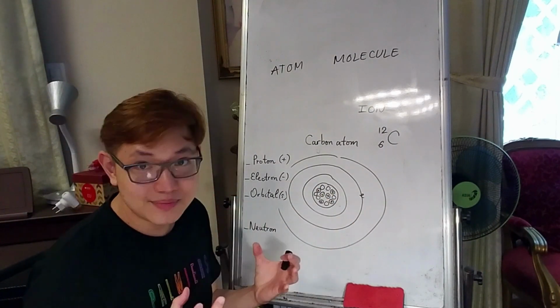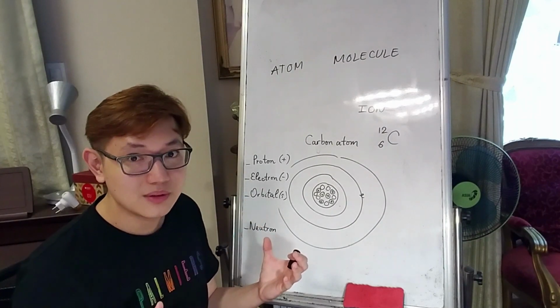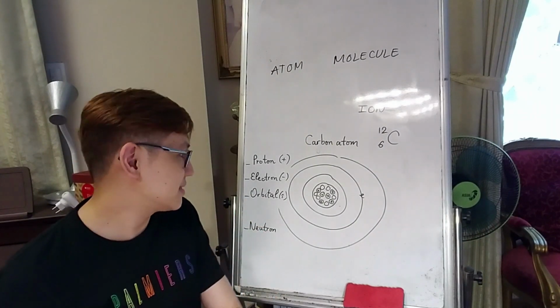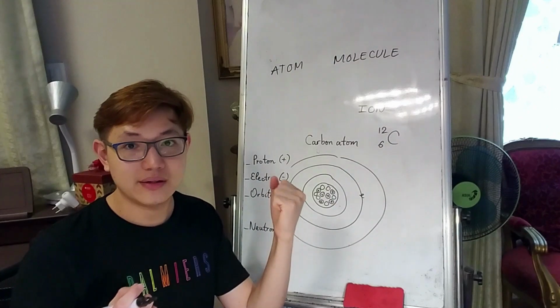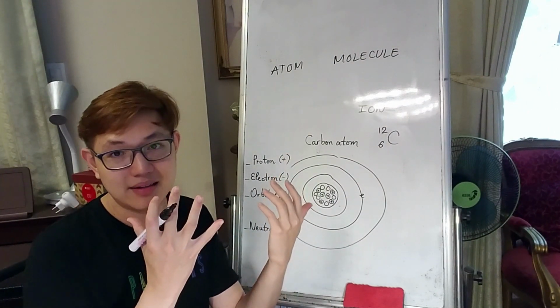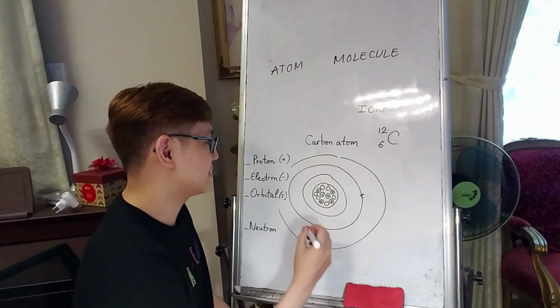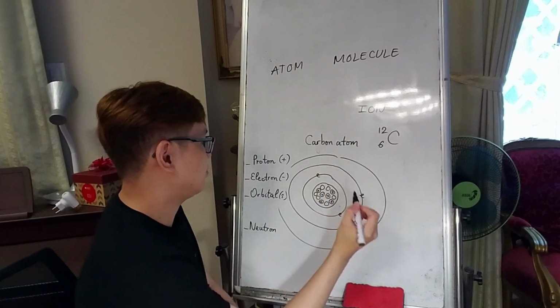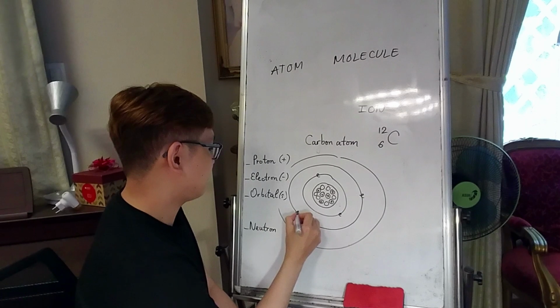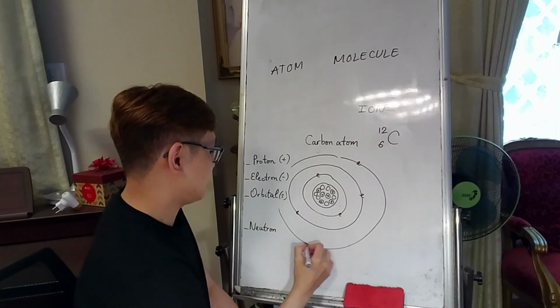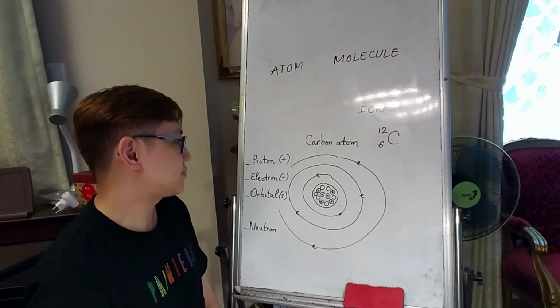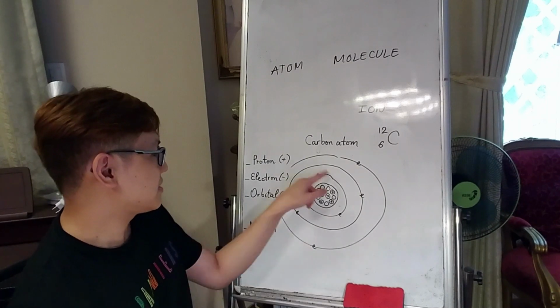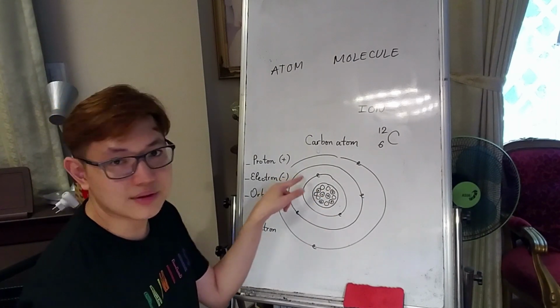So a carbon atom is supposed to be neutral. So if there are 6 positive charges, there should also be 6 negative charge things as well, which are the electrons. So say 1, 2, 3, 4, then 5, 6. So as you can see, some electrons are very near to the center.